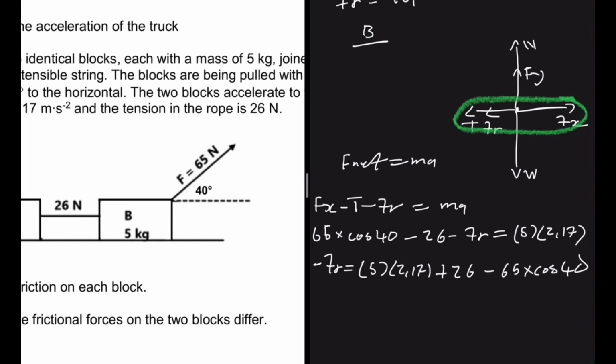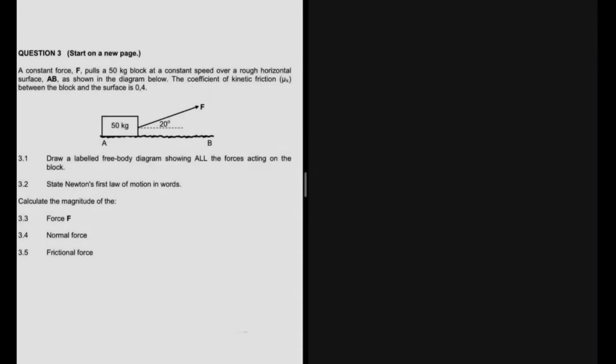You just put that in your calculator and it is easy to see that the frictional force acting on object B is 12.94 newtons.